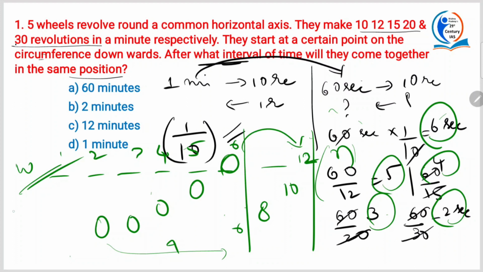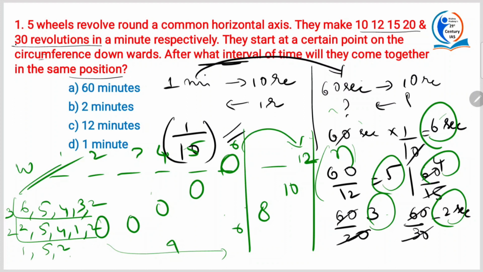Alright. So LCM of 6, 5, 4, 3, 2 is what? 3 2s are 6, 6 5s are 30, 30 2s are 60. 60 seconds, okay?